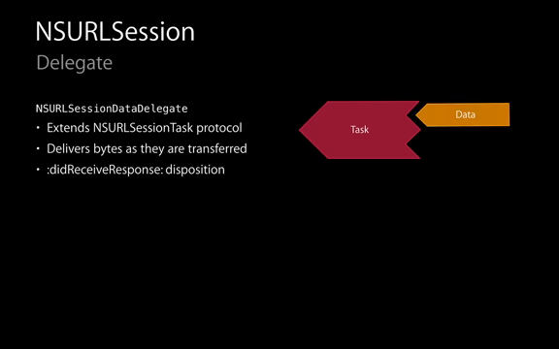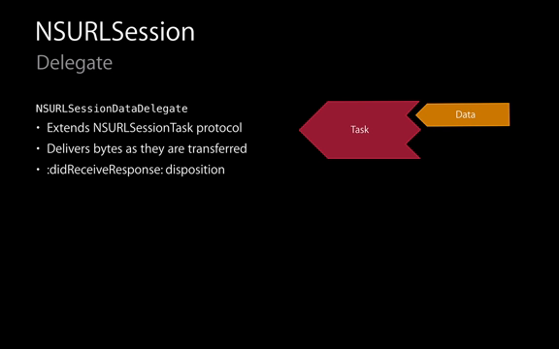The data delegate then extends the task delegate. It's got a couple of new methods that are interesting. The first, didReceiveResponse. Suppose you're downloading data off the network, and you look at the content type when you get the response back. And the content type says that this is a disk image. Well, you probably don't want to read the disk image all into memory.